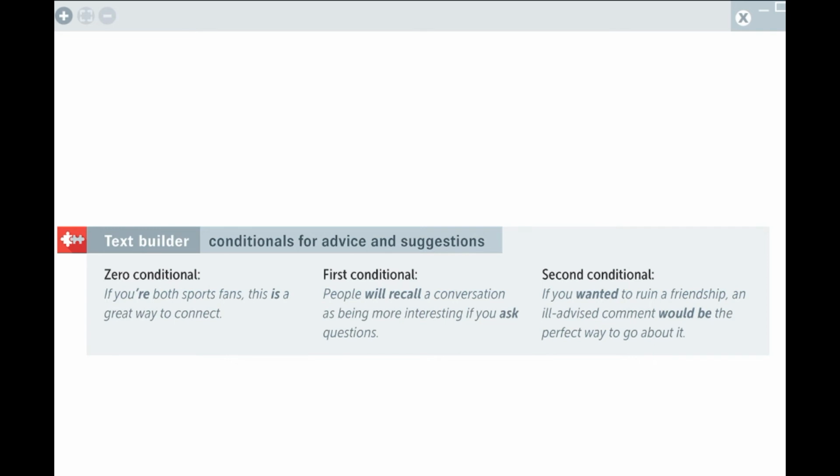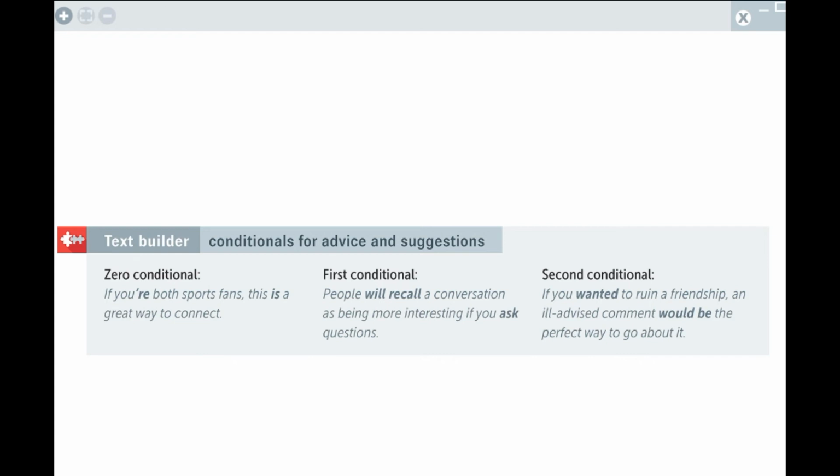In the first conditional, we have, people will recall a conversation as being more interesting if you ask questions. We have the conditional part of the sentence, if plus the verb in the present. In the main sentence I use will, plus the verb in the infinitive, will recall.